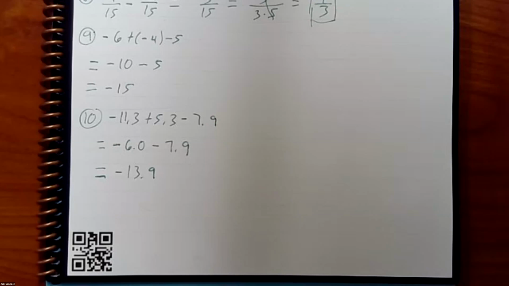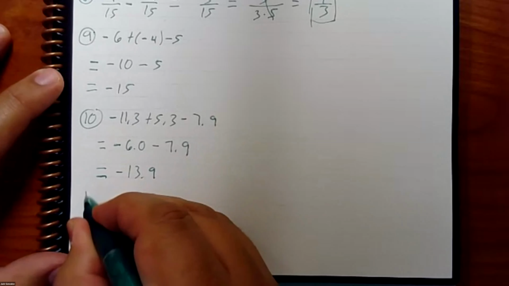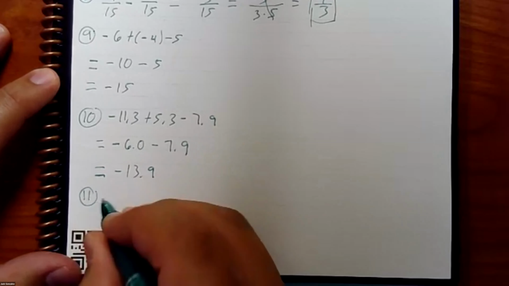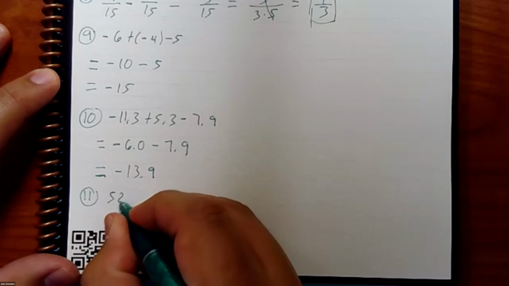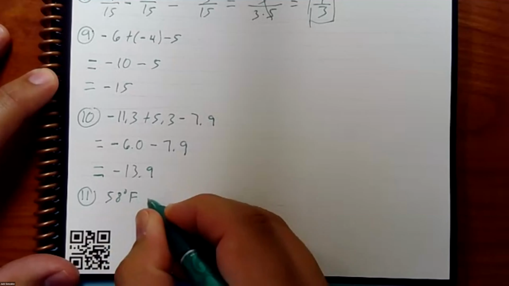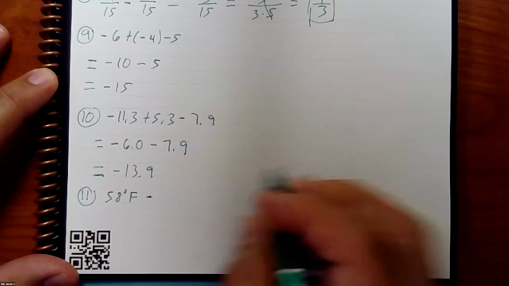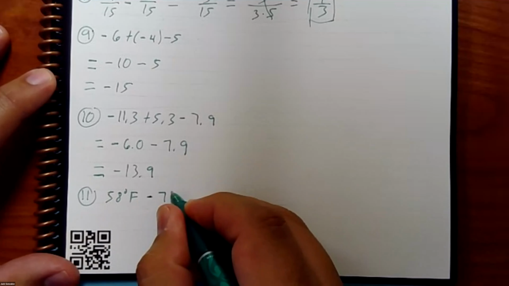It says the ending temperature minus the beginning, correct? What is the ending temperature? 58. The beginning, 76.